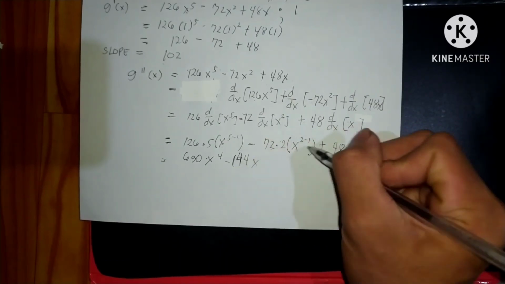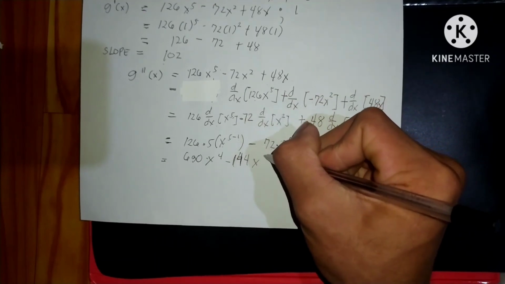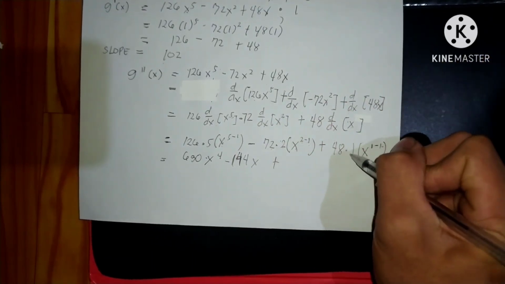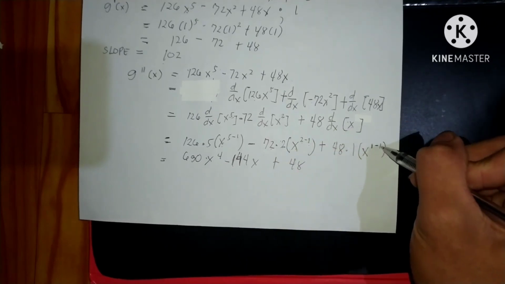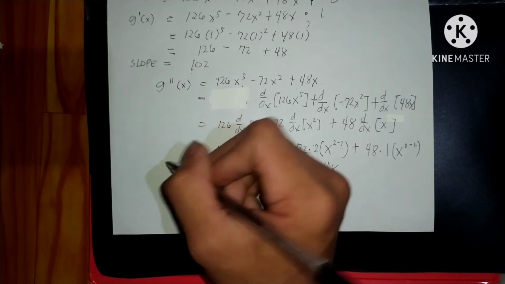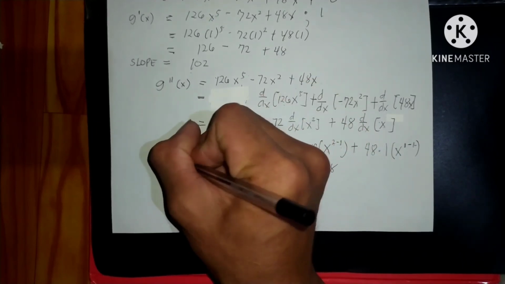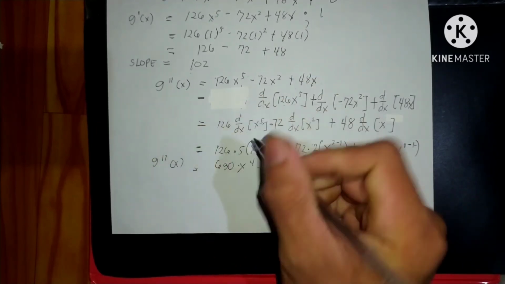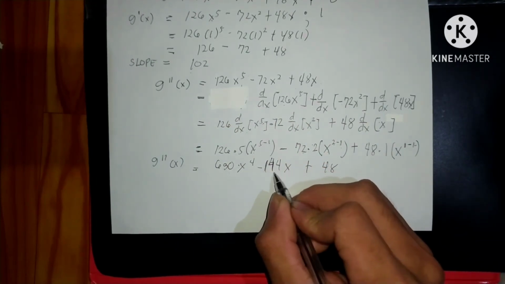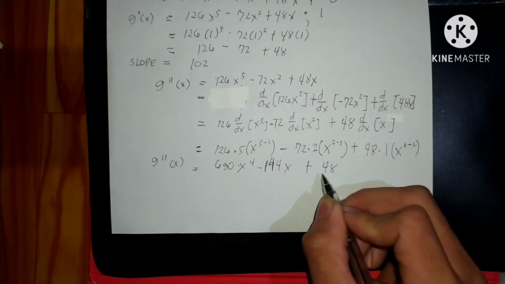Copy the variable x. 2 minus 1 is equals to 1. Yan ang naiwan dyan. Plus 48 times 1 equals to 48. So, 1 minus 1 equals 0. So, the second derivative is equals to 630x raised to the power of 4 minus 144x plus 48.